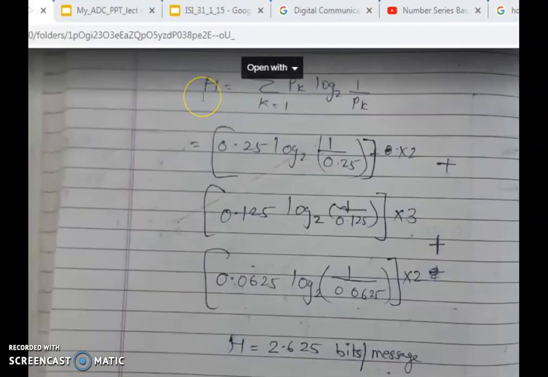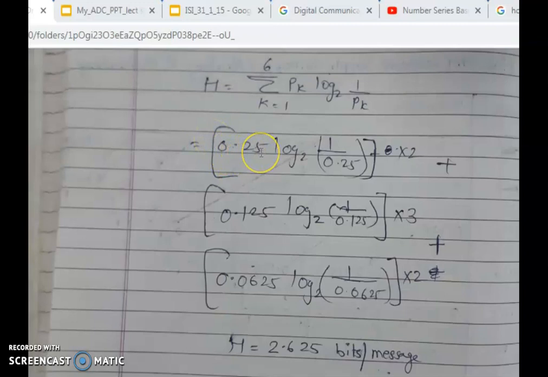Now the entropy formula, capital H, is given by summation k is 1 to M, pk into log to the base 2 of 1 upon pk. The capital M is nothing but the number of symbols given in the numerical. In the numerical, the probability 0.25 is given for 2 symbols, 0.125 for 3 symbols, and 0.0625 for 2 symbols.